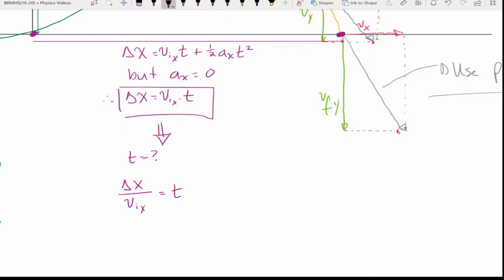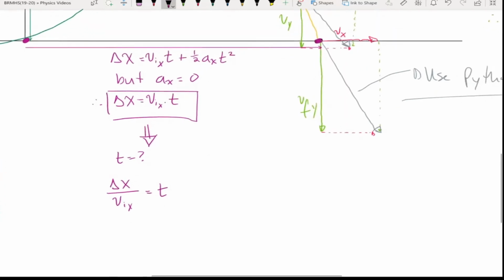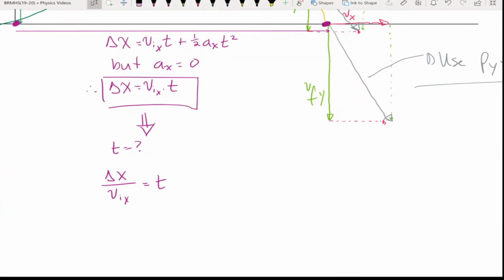That equals t. So distance over speed is time is basically all we're going for here. The same thing you could say about the initial horizontal velocity. So here's one for time that's useful with the horizontal stuff.